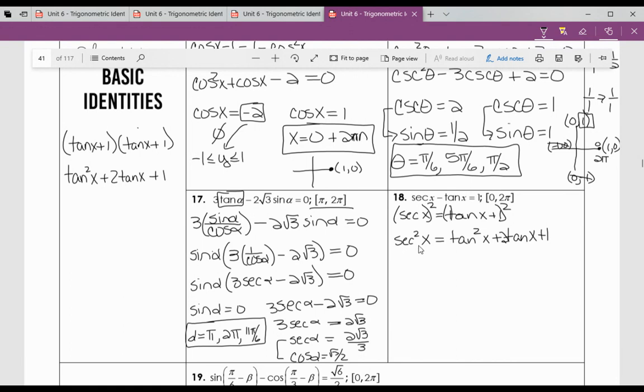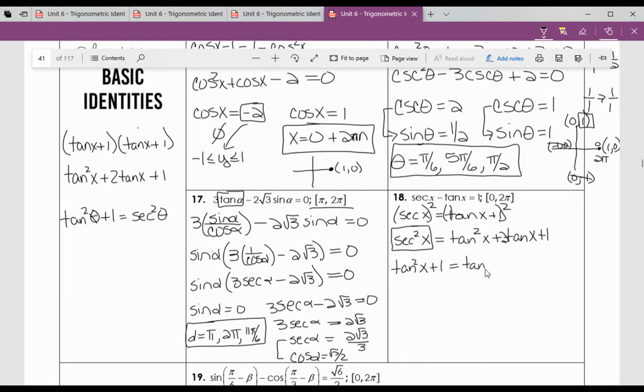Now, I can use a Pythagorean identity because there is one that says tangent square x, or alpha, plus 1 equals secant squared alpha. So I'm going to take secant square alpha and replace it with tangent square x plus 1.